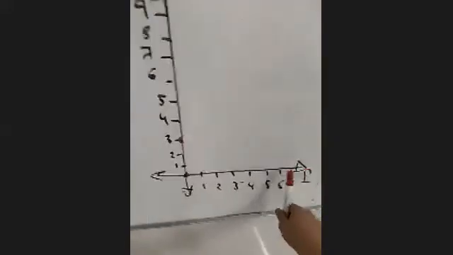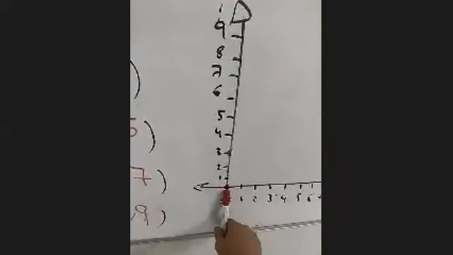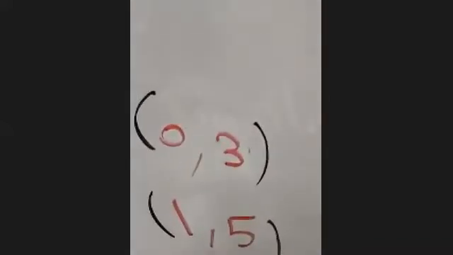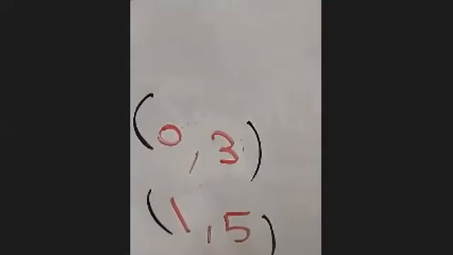This is on the axis of P. We go to the 0, and we go up until we have 3. This is the 3. Then we will search for P, 1 in P and 5 in C.